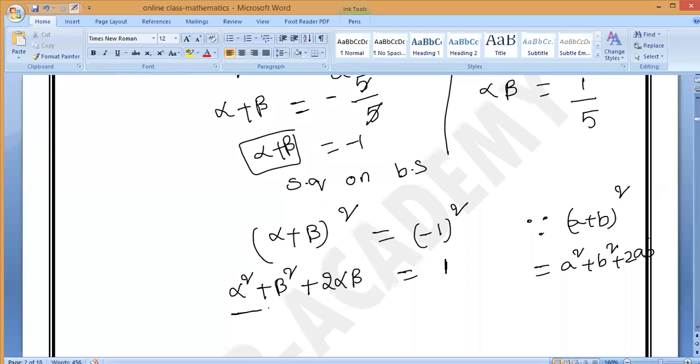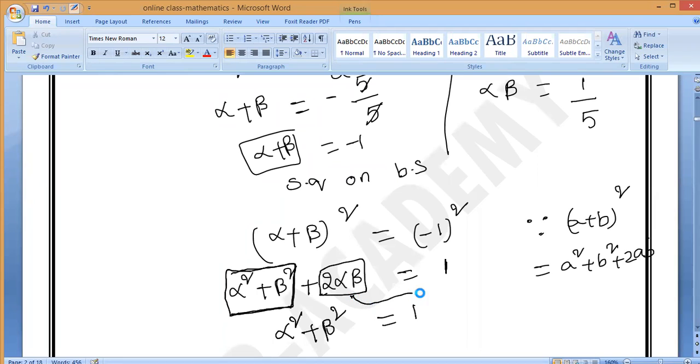Here we want alpha square plus beta square, this expression, correct? So write as it is alpha square plus beta square. We don't want 2 alpha beta. So plus 2 alpha beta comes to this side and it will become minus 2 alpha beta.